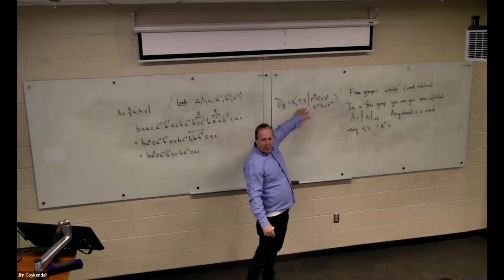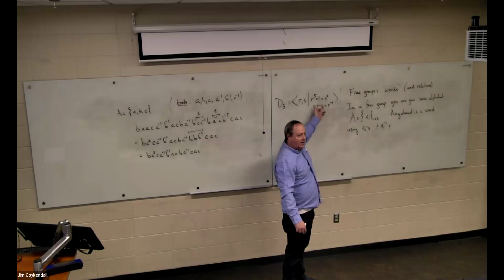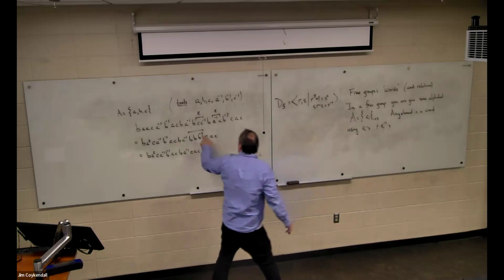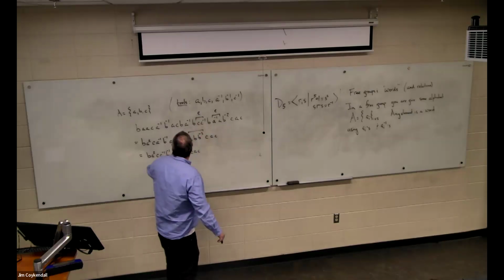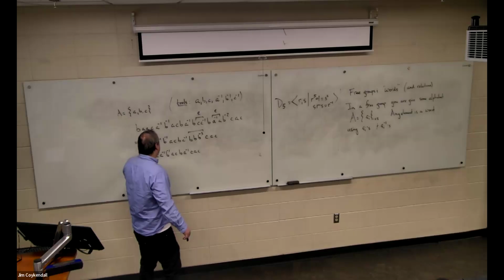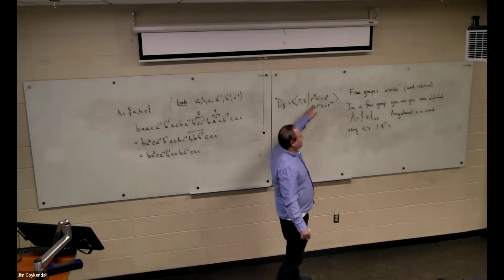The dihedral group, as I pointed out when we first looked at this, is everything that you can make using the letters R and S, rotation and flip, but I put what are called relations on it. Remember how the only thing that I could do in the free group is if I saw something next to its inverse, I could get rid of it. And if I saw something next to something like it, I could combine it into a power. Everybody agree with that? This allows me to do more.